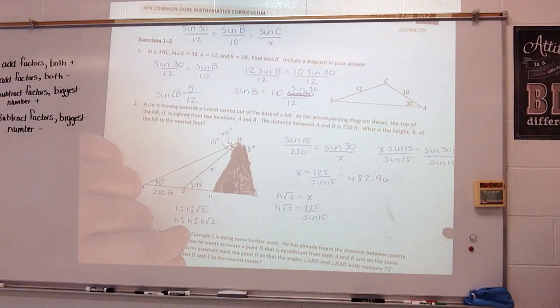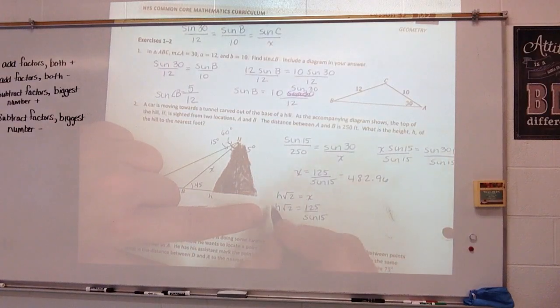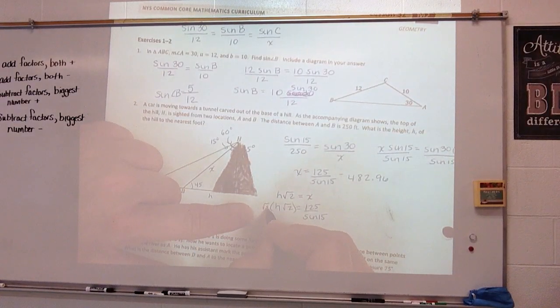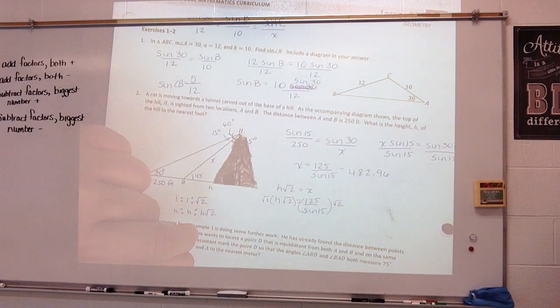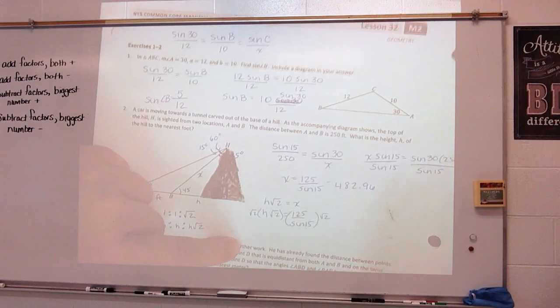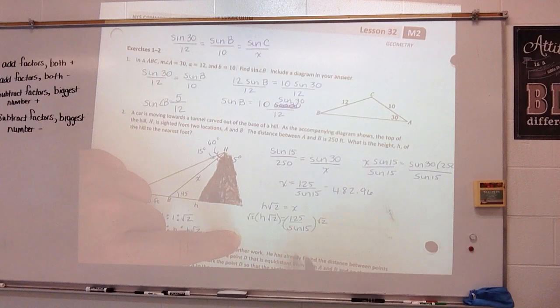So multiply everything by the square root of 2, and I get 125 over sine of 15 times the square root of 2.